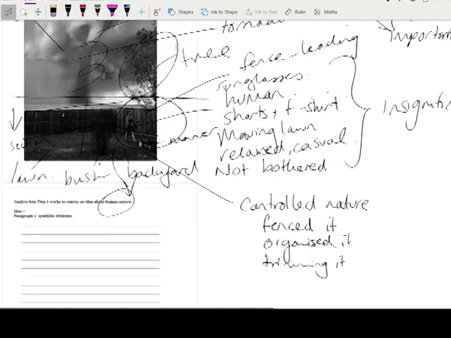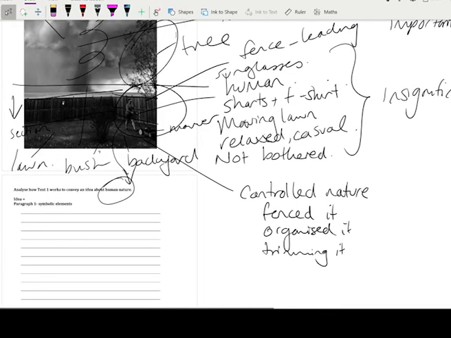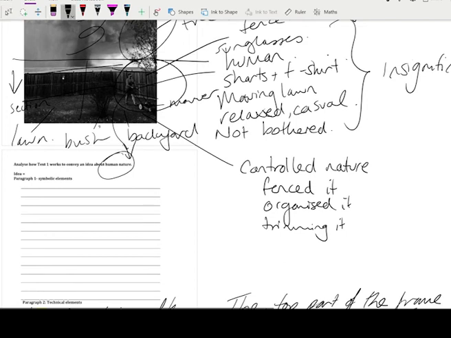The first one, symbolic elements. You could talk about, like I said, it's not really important to talk about his clothing and that, but you could talk about the fact that nature seems to be quite dying. Like his lawn looks very messy. So the trees are very scraggly. There's not a lot of lushness to it. So it's almost like suggesting that when we try to force nature to do what we want, we end up killing it.